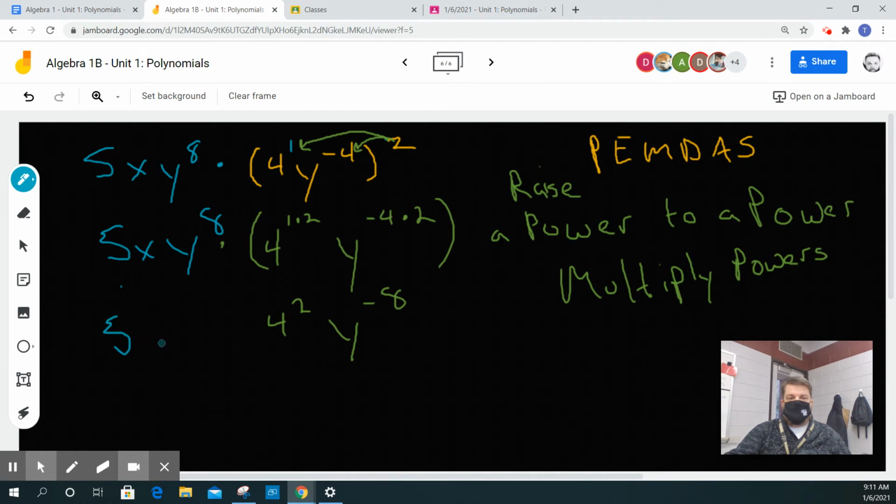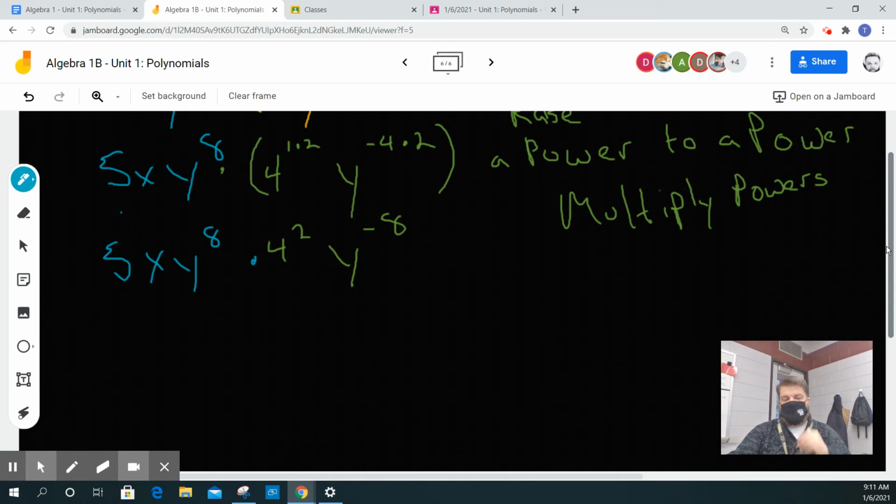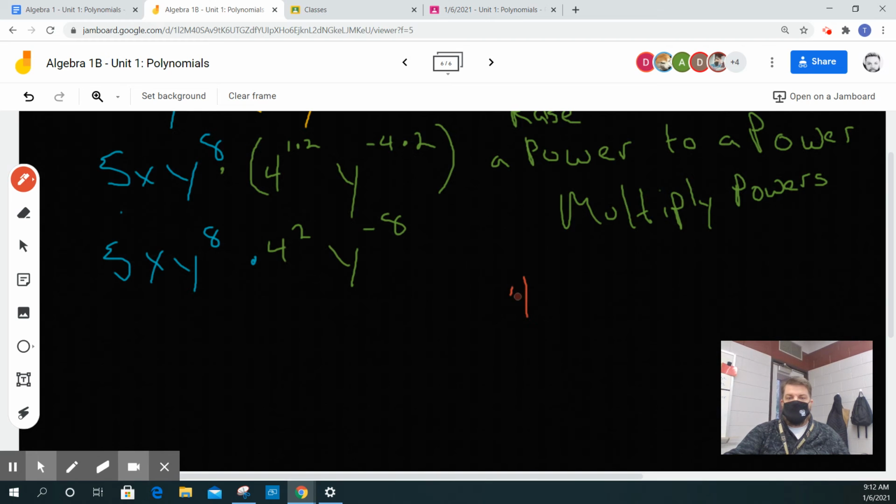Well, in the next line, I got to multiply like terms. Okay? So what is 4 squared? 16, right? Because 4 squared is equal to 4 times 4, and that's equal to 16.